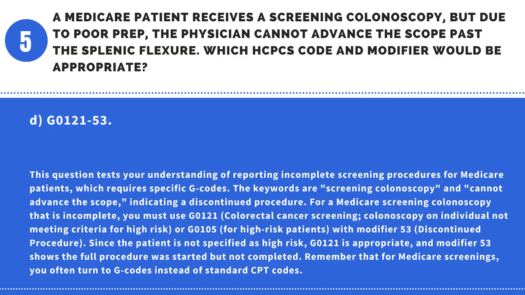Since the patient is not specified as high risk, G0121 is appropriate, and modifier 53 shows the full procedure was started but not completed. Remember that for Medicare screenings, you often turn to G codes instead of standard CPT codes.